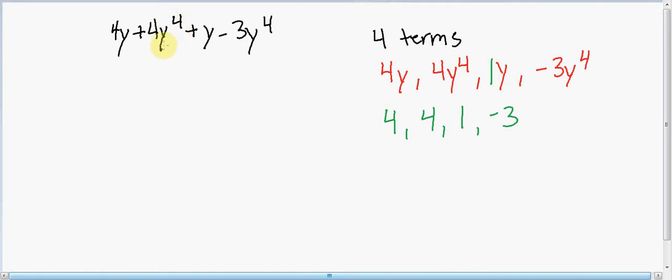Since there's only one variable, y, I'm going to start with the biggest exponent on my y, which is a 4. And I'm going to underline my 2 terms that are y to the fourth terms. You can see I have a positive 4 and a negative 3, so that gives me 1 y to the fourth. I'm going to cross those terms out.